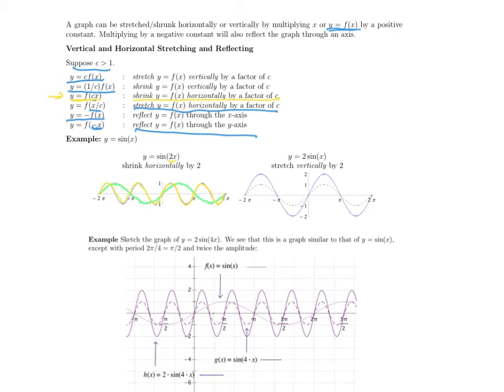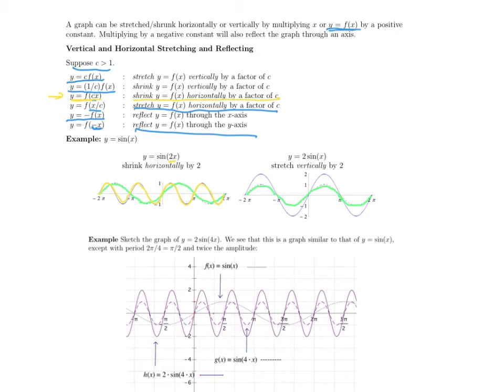So we have this kind of accordion effect with the graph being pushed in so that the length of the waves is shorter. On the other hand, if I multiply the whole equation by 2, then the wavelength remains the same, but the amplitude of the wave now becomes larger.